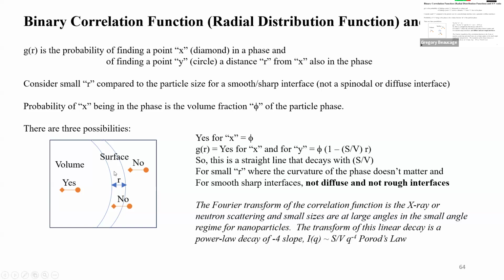So if G of R were just the volume fraction, but you consider the surface, then the function depends on how big R is. The bigger R is, the more of the volume of the particle you consume and the fewer pairs you get, so it's minus R times the surface to volume. That's why G of R is linear in R, with slope minus the surface to volume ratio.